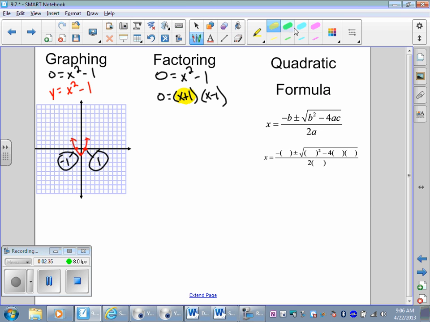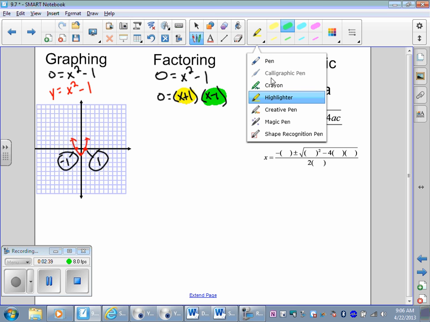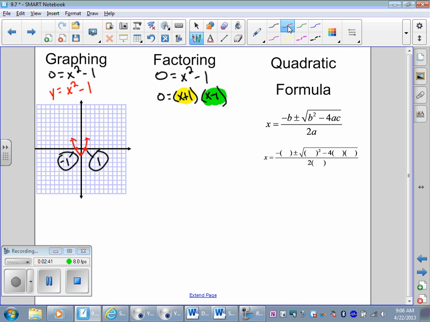I know that either that is 0 or this is 0. So I can write what I've been referring to as our mini equations. I could say either x plus 1 equals 0 or x minus 1 equals 0. Now, I can solve those. I get x equals -1 or x equals 1. Same answers we got over here.